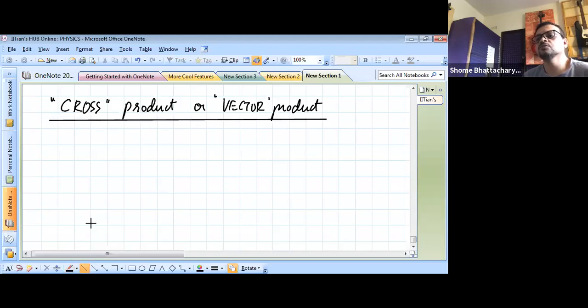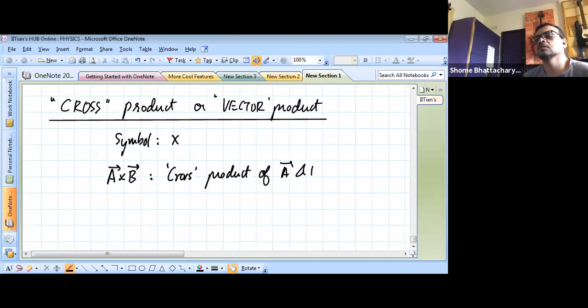So the symbol used for this operation is the cross sign. So this is read as the cross product of vectors A and B, cross or vector product of A and B. So this is just the symbol.